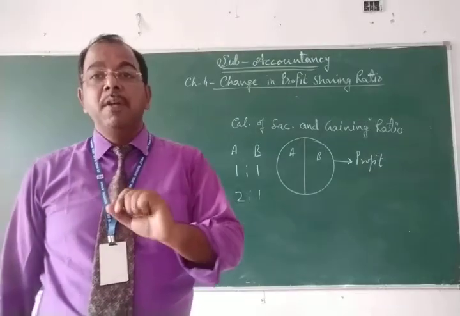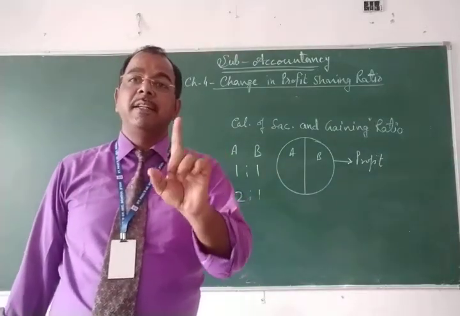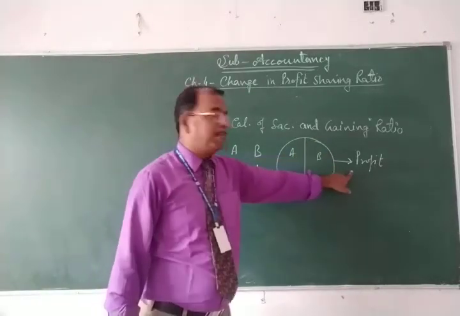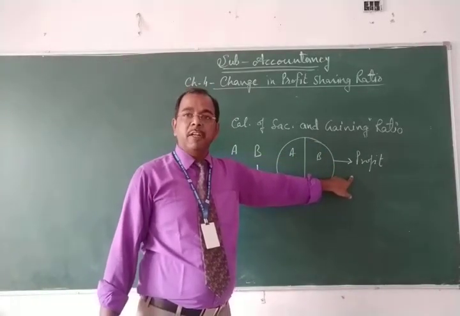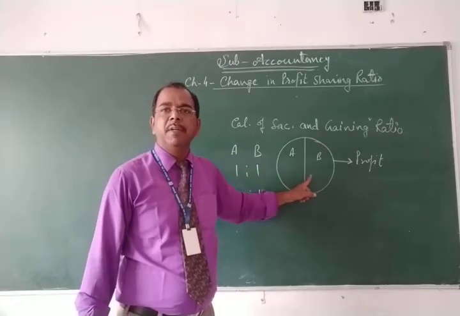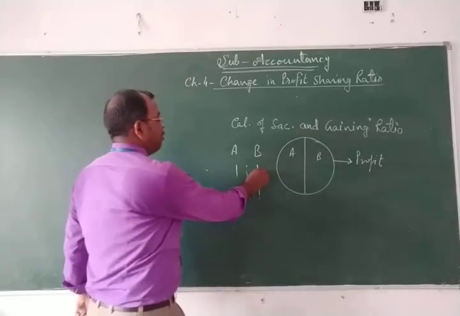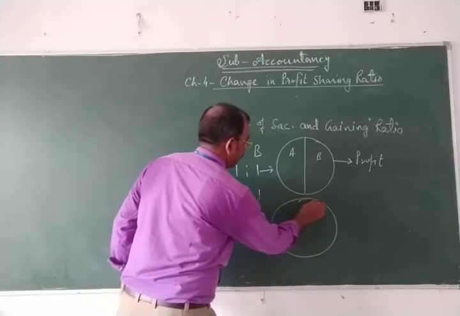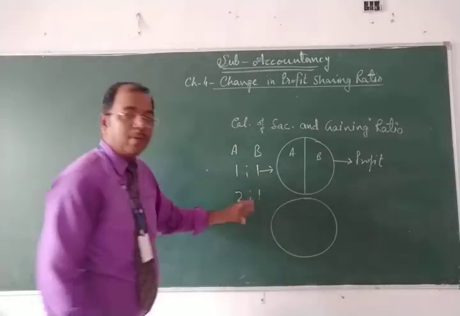As I told you, the profit is considered as a single unit. This whole circle is one profit, and earlier it was divided equally between A and B. But now, what have they done?